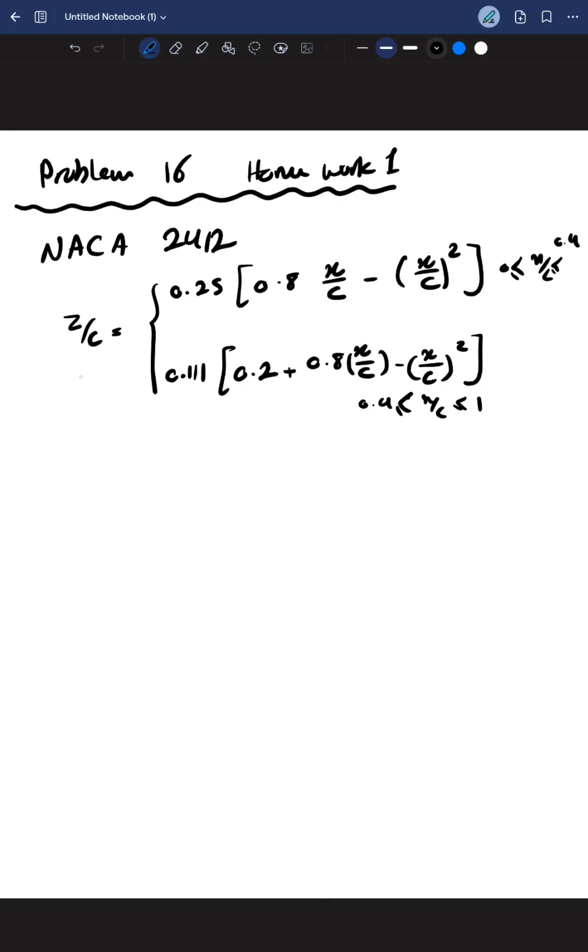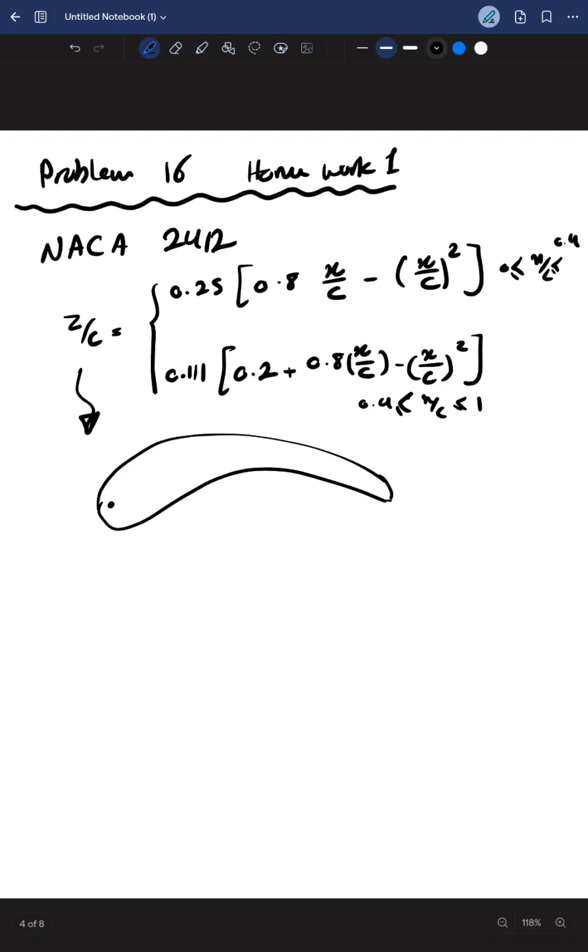Okay, first of all, what is this? This is the mean camber line equation, essentially. Let's say this is our airfoil. This is showing us what the camber line equation is, right? From 0 to 0.4 of x over c, we have the first equation.